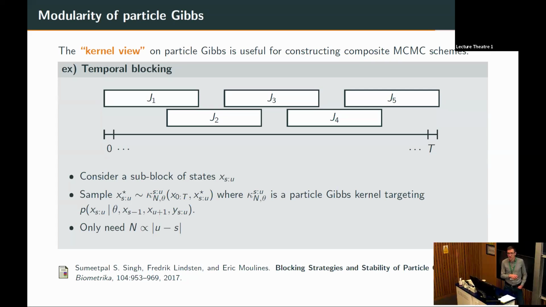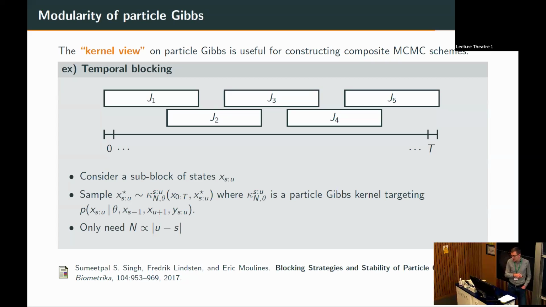An interesting aspect of this is that if you have blocking like this, you can actually do parallel updates as well, because if I condition on J1, J3, and J5, then J2 and J4 will be conditionally independent. I can apply those two particle Gibbs kernels in parallel. And then similarly, when I condition on J2 and J4, I can update J1, J3, and J5 in parallel.